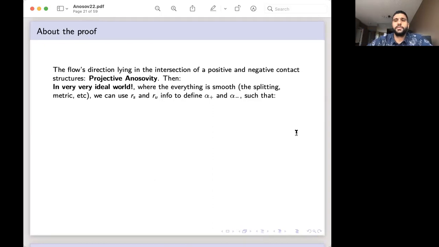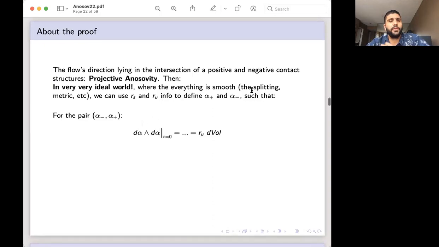But imagine for simplicity that everything is smooth: the Anosov splitting is smooth, the metric is smooth, everything is smooth. Then we can use this RS and RU to carry out such a computation.